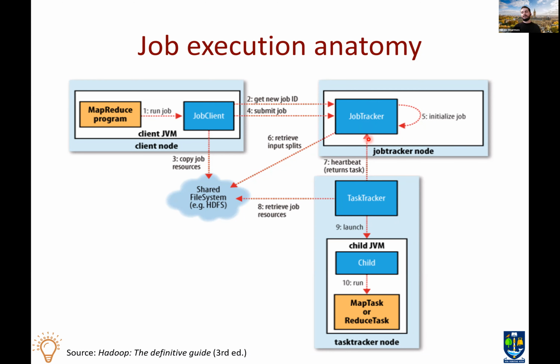Heartbeating means that in fixed periods of time, the task tracker or the data node will send a report to the job tracker. And this report will contain things such as what is the current progress of the map and reduce tasks, how many resources I have available, exactly which tasks I am executing, and so on and so forth. And the response to that heartbeat is the chance that the job tracker or the name node has to send anything back.